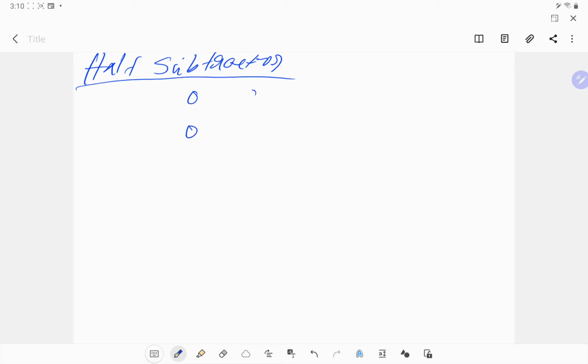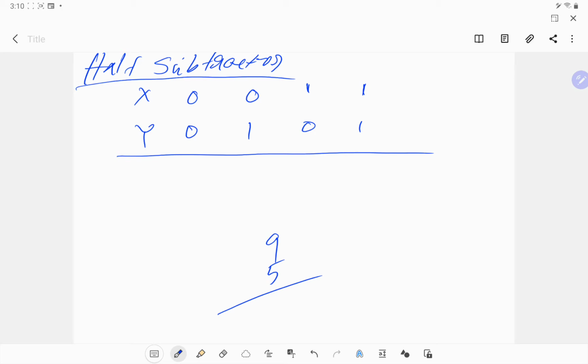0 0, 0 1, 1 0, 1 1. So we need to subtract. Let's consider this one is x and that one is y. So now the question is, how do we subtract two numbers? Let's consider we need to subtract 5 from 9. Then we find the difference between 5 and 9.